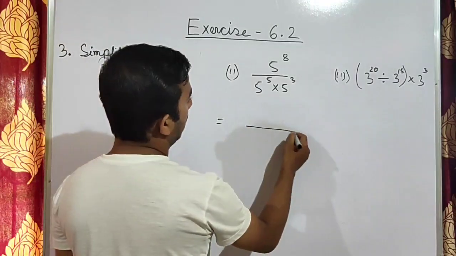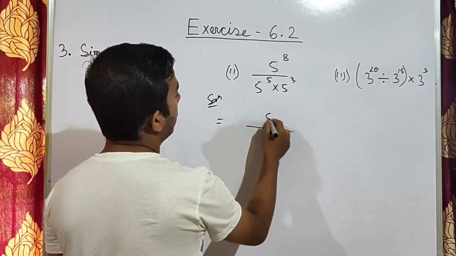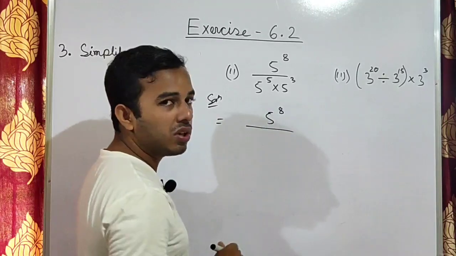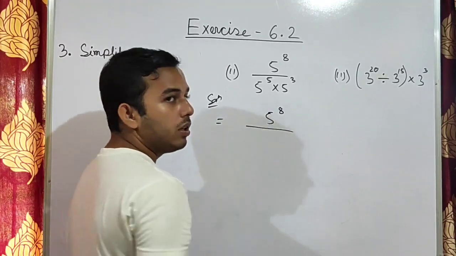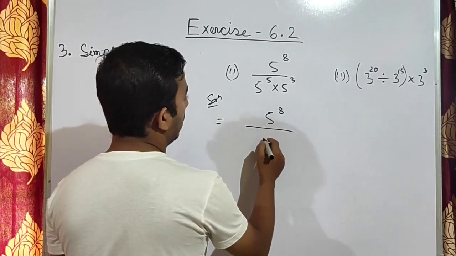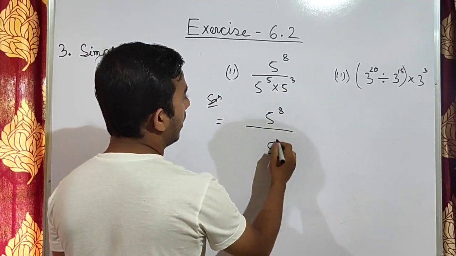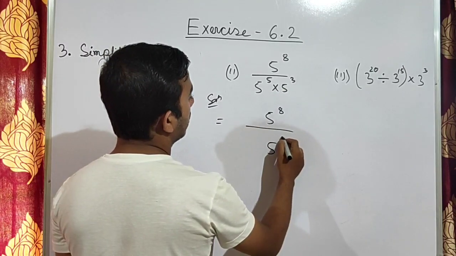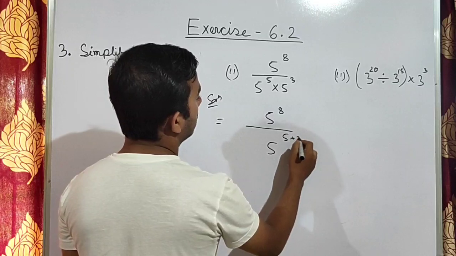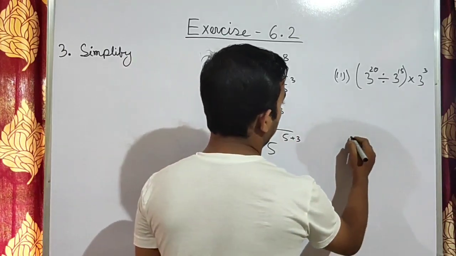Look, in numerator we have what? First write solution. Numerator we have 5 to the power 8, nothing to do here. Can we do anything? No. But in denominator can we take base common as 5, and power it will be 5 plus 3, isn't it? Is this okay? So here what we will write?